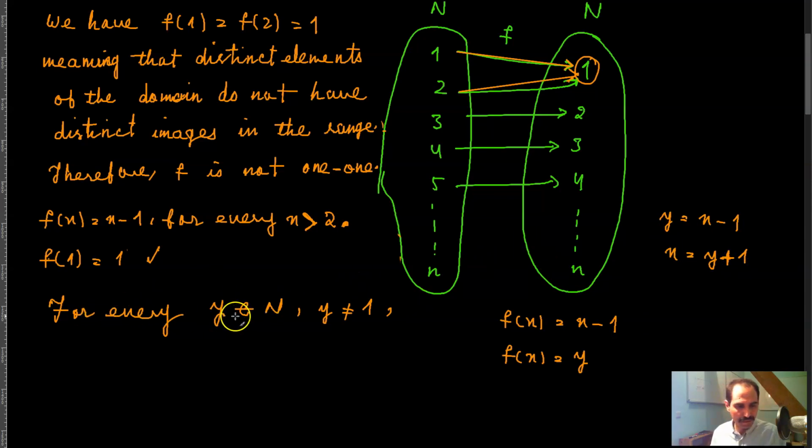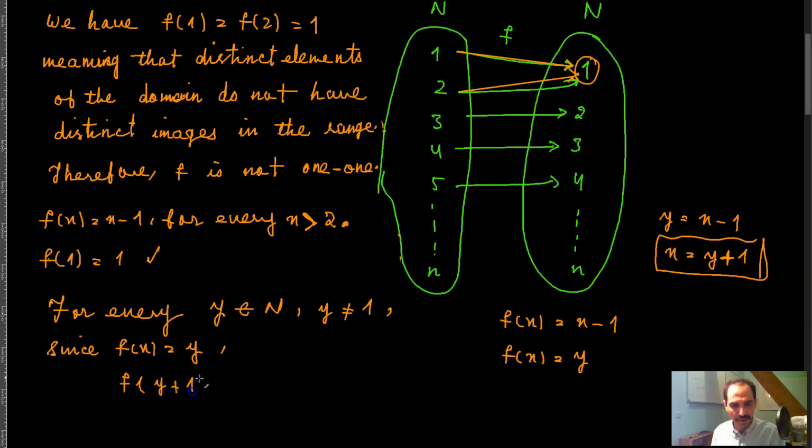Then that means that for every y belonging to n in the codomain of the function, since f of x is equal to y, we can write x is equal to y plus 1, right? And f of y plus 1 is equal to y, which is equal to x minus 1.